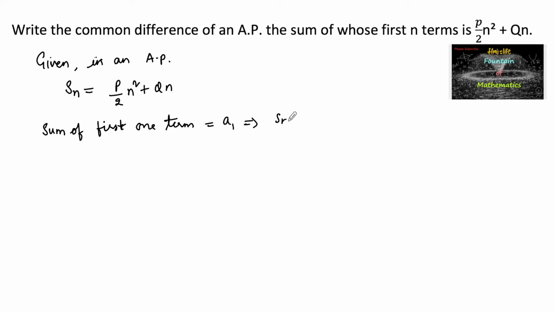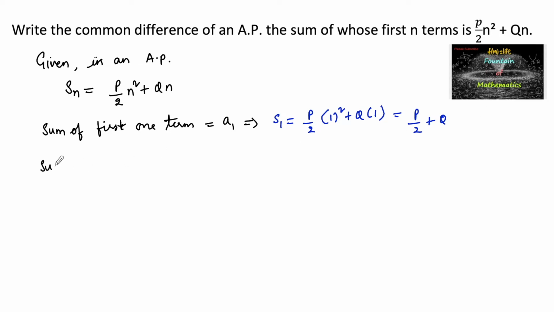Which implies that s1 is equal to p by 2 into 1 square plus q times 1, that is p by 2 plus q.